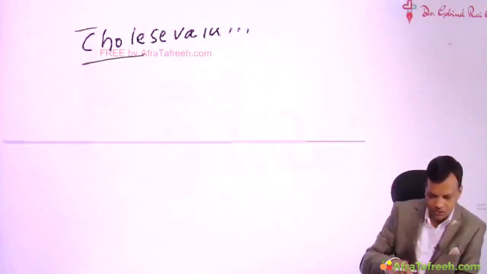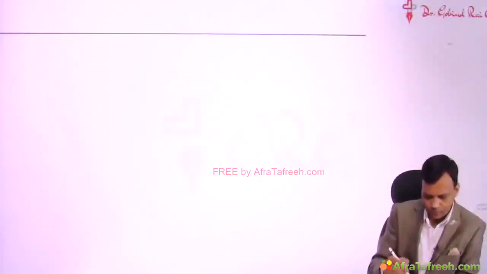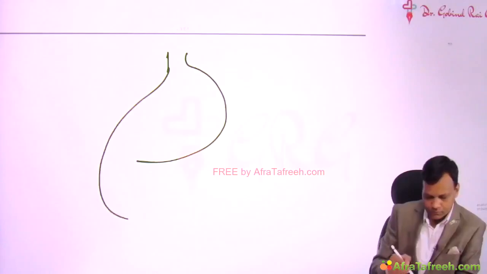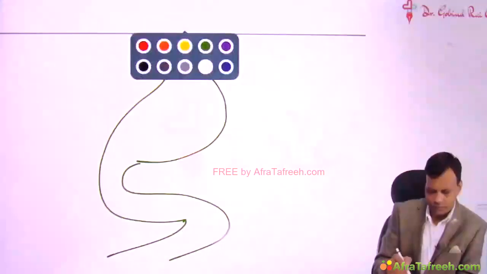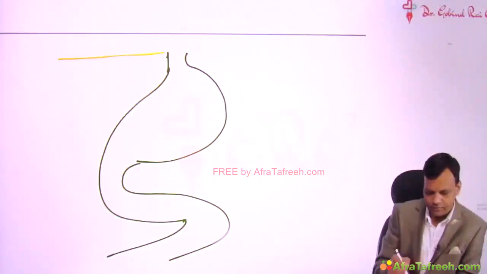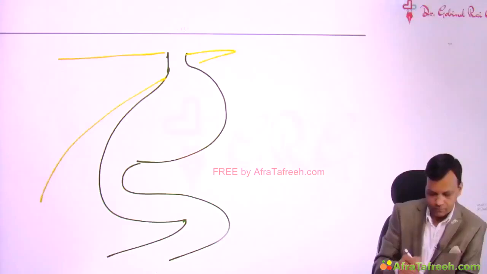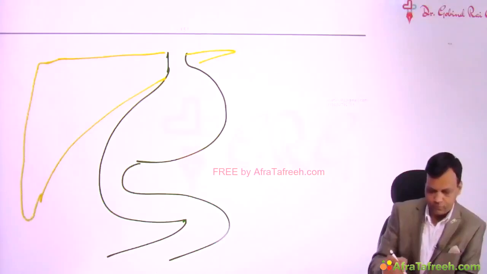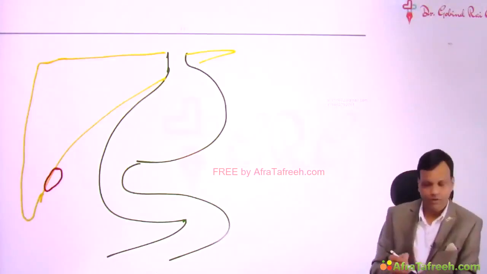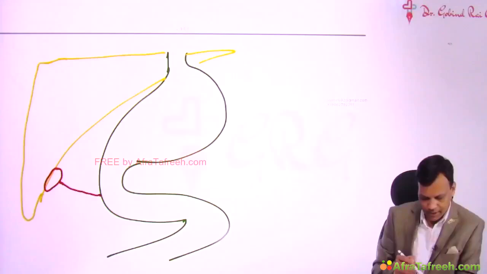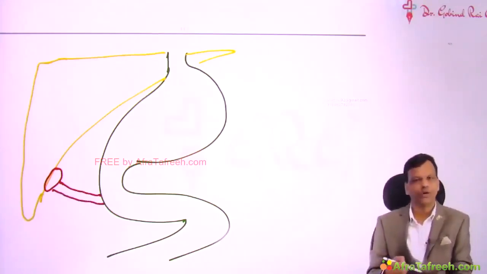Now how these drugs work is, this is our GIT, this is the liver, this is our gallbladder. The bile is drained through the gallbladder into the duodenum through the bile duct.